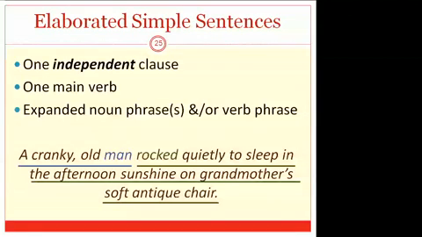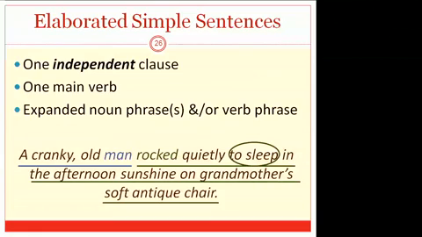Our verb phrase, rocked quietly to sleep in the afternoon sunshine on grandmother's soft antique chair, still has our one main verb, rocked. In addition, we have the infinitive form of sleep, to sleep, rocked to sleep. The main verb, with all additional auxiliary or helping verbs, creates the verb complex within a verb phrase.